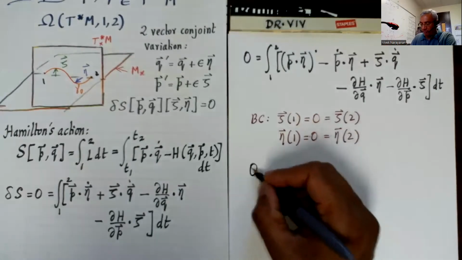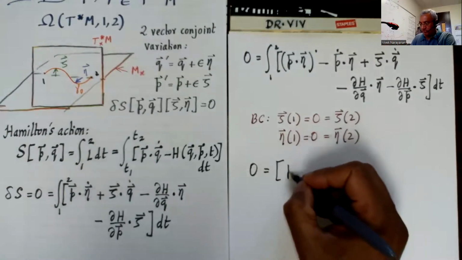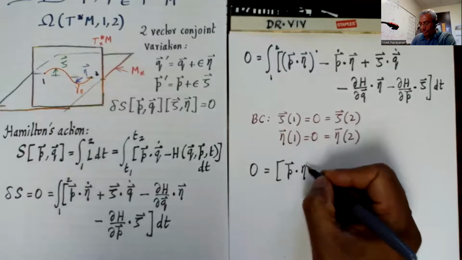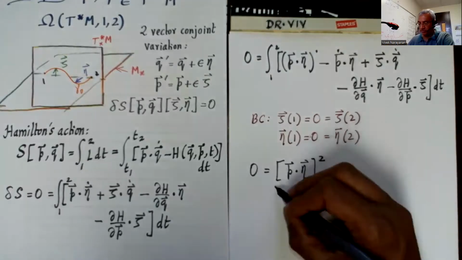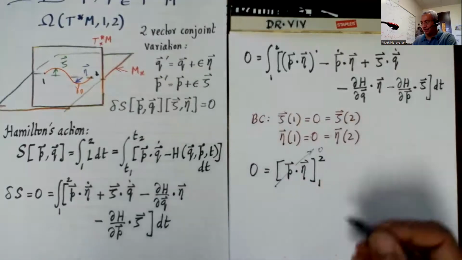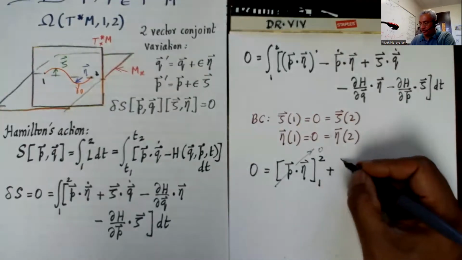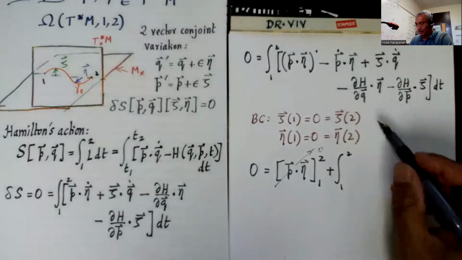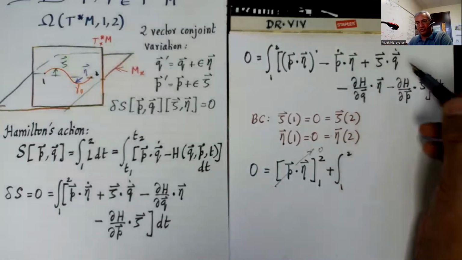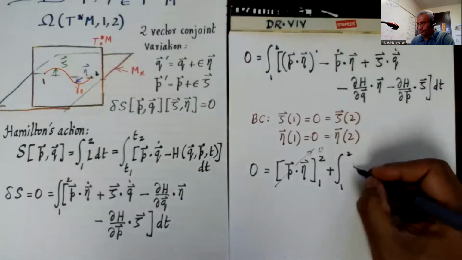So let me write one more step. This is going to be the integral of P dot eta, evaluated between 1 and 2. That goes to 0 because of these boundary conditions. And then I have plus the integral of 4 terms, these 4 terms. But observe that you have 2 terms with eta and 2 terms with zeta. I'll club them together.